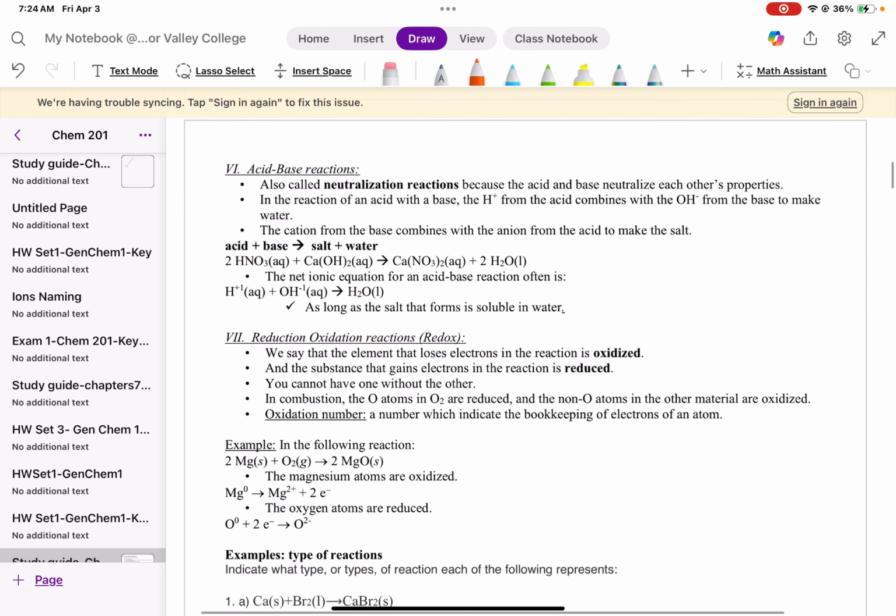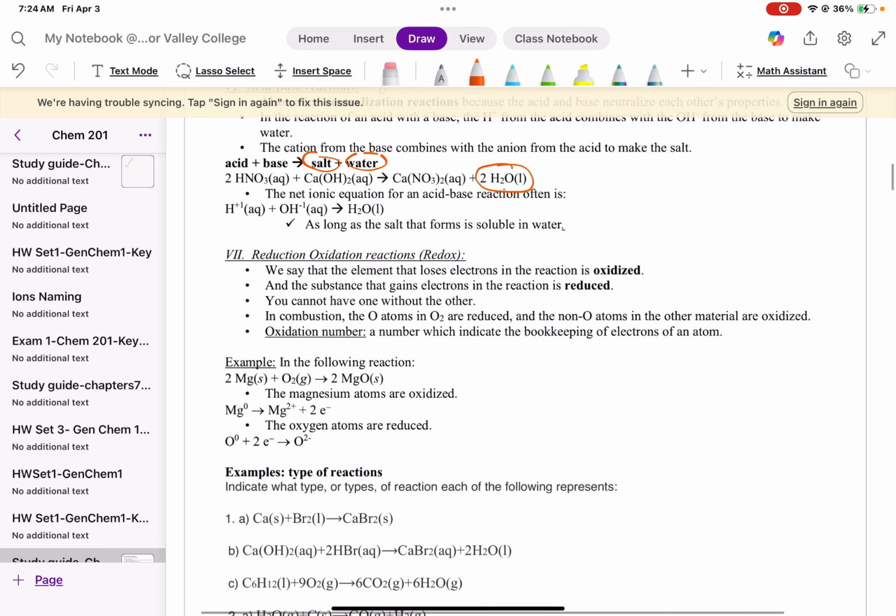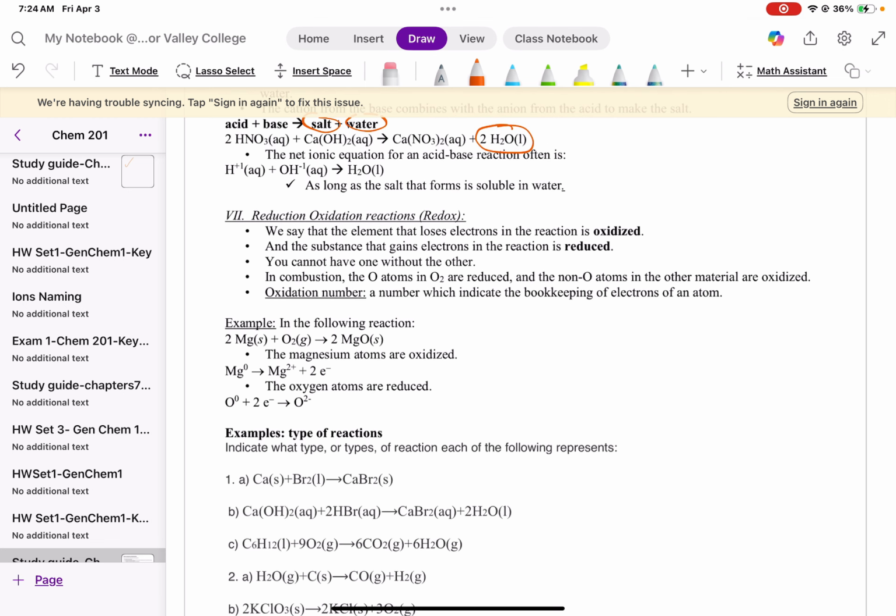Now, acid-base reactions, that's neutralization reactions, and your products are always going to be water plus a salt. Water and salt. Oxidation reductions, that's when an element is oxidized by losing electrons, and then the other element is reduced by gaining electrons.